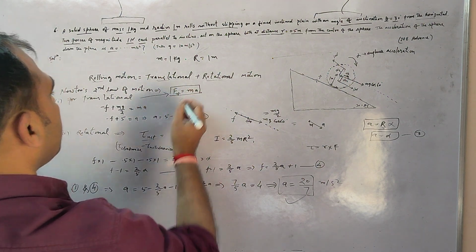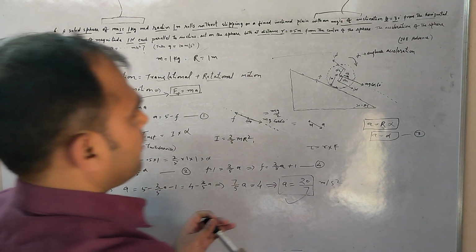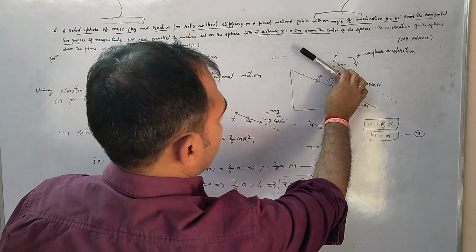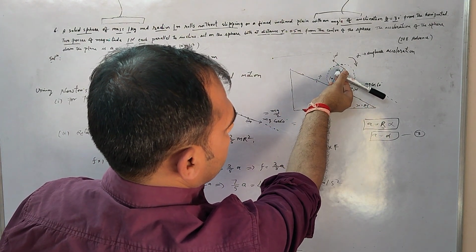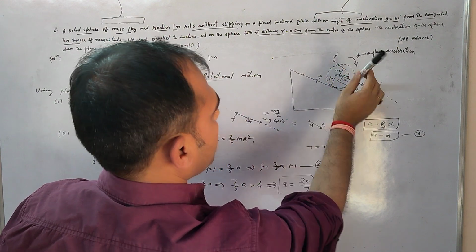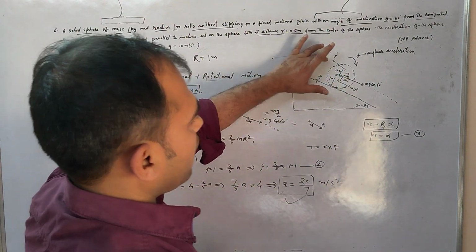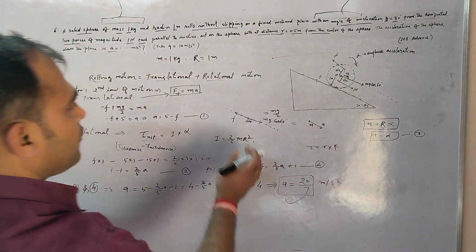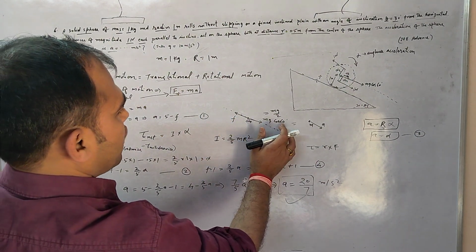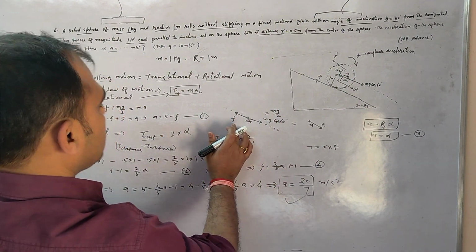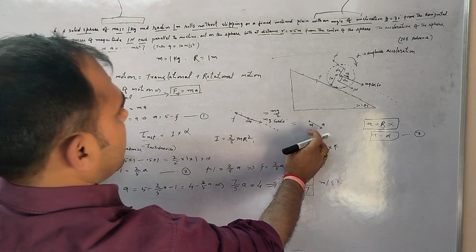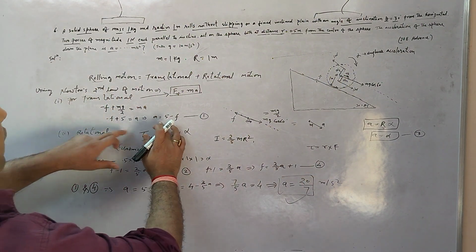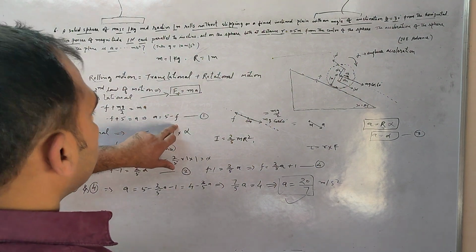F net: frictional force upward, mg cos 60 degree downward. 1 and 1 cancel out. So this will be mg cos 60, or mg by 2, minus f, that will be resultant ma. So we will find here this.